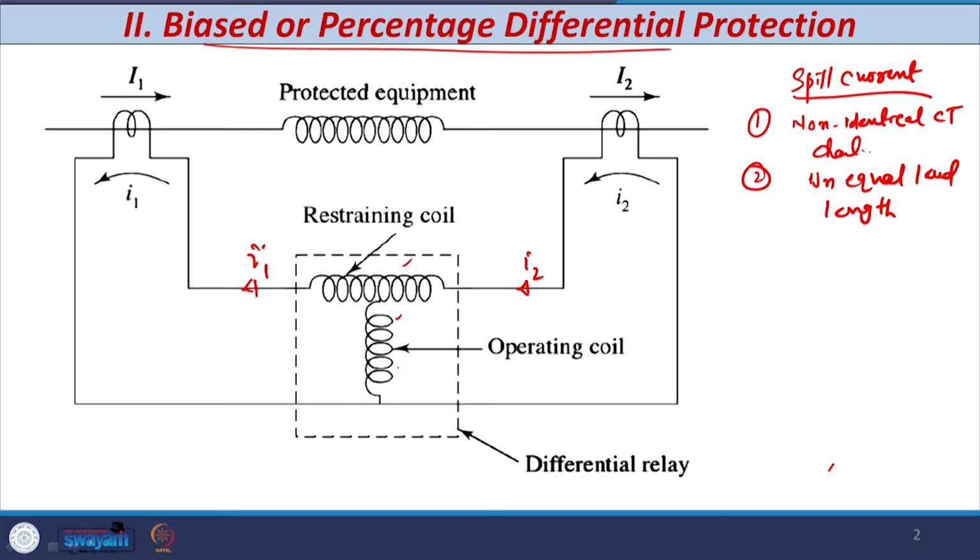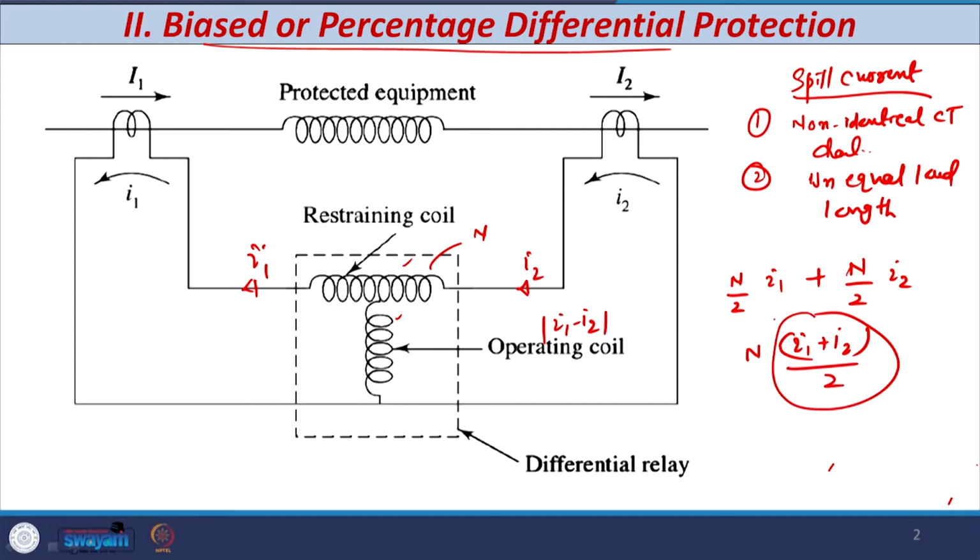So the current through the operating coil still remains I1 minus I2, taking the absolute value. If the restraining coil has n turns, then I1 flows through half of the turns and I2 flows through the other half. So the current through the restraining coil, the average restraining current, is I1 plus I2 by 2.